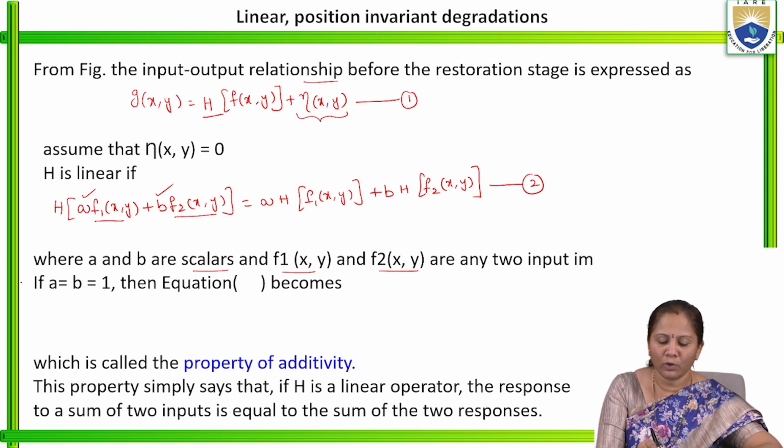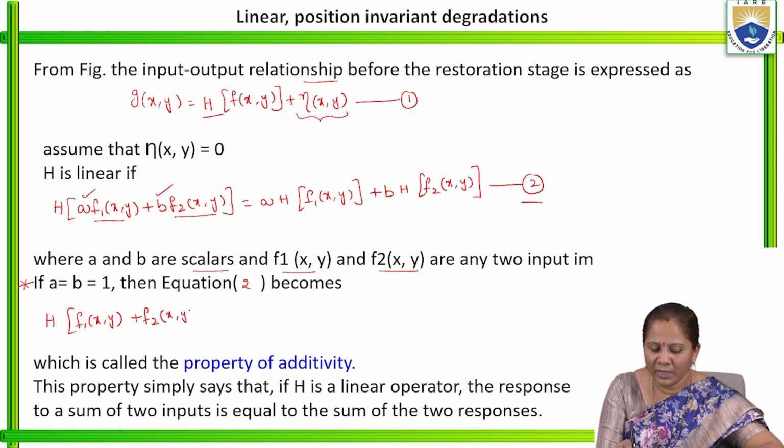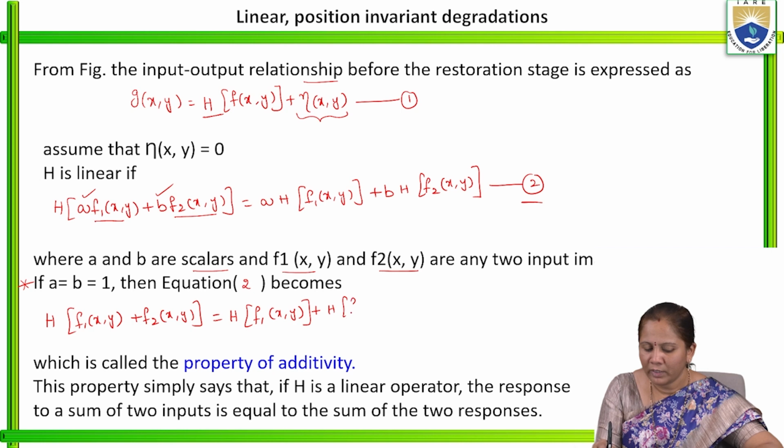If we follow this condition, how does equation 2 look? Equation 2 looks like h of f1 of x comma y, because here a is equal to 1, plus f2 of x comma y is equal to, as a and b are 1, h of f1 of x comma y plus h of f2 of x comma y.